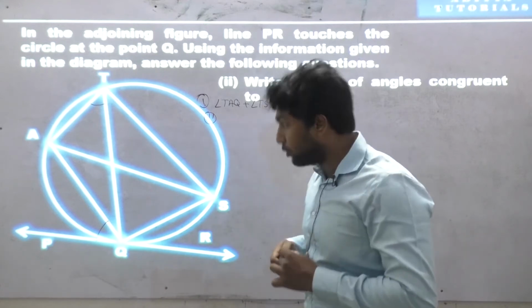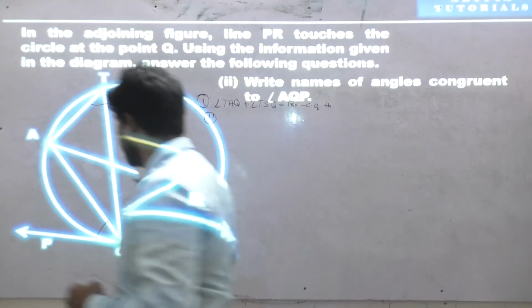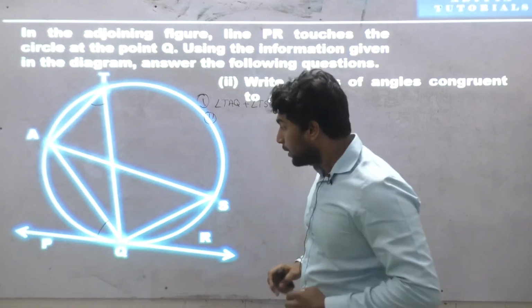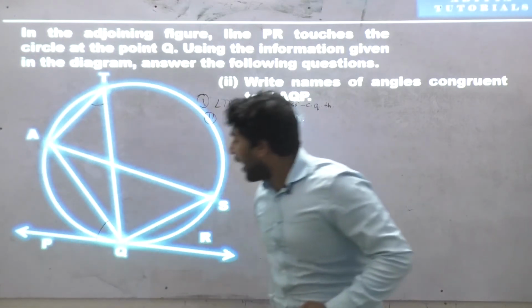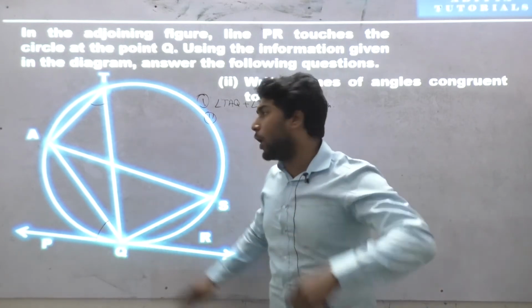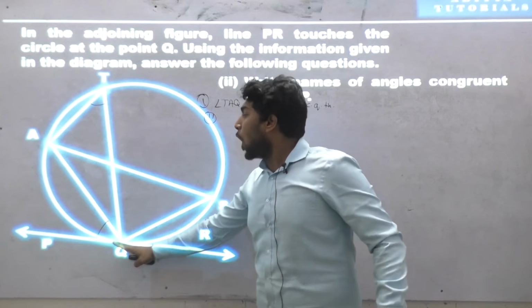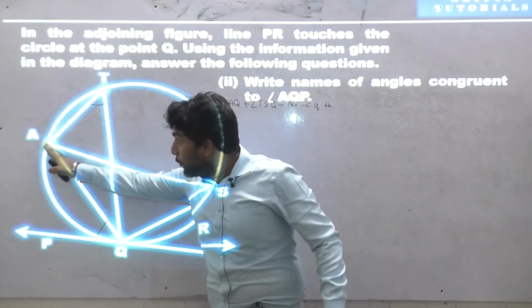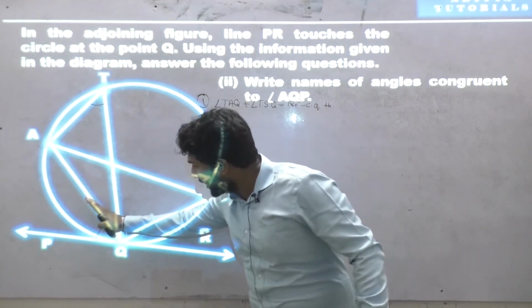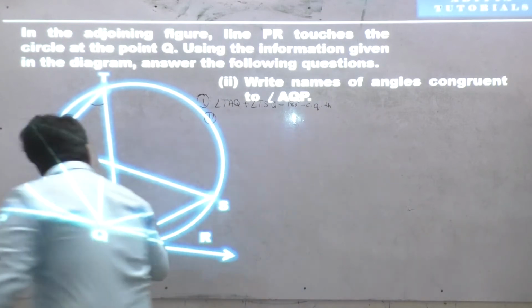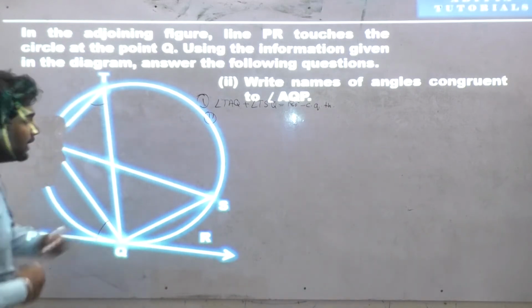PR is a tangent at point Q, and from that point Q a chord is drawn, then the angle which the chord makes with the given line is equal to the angle in the alternate segment.